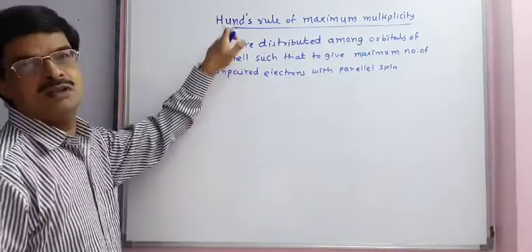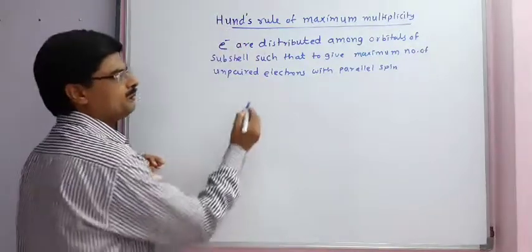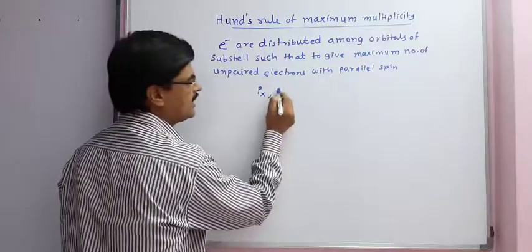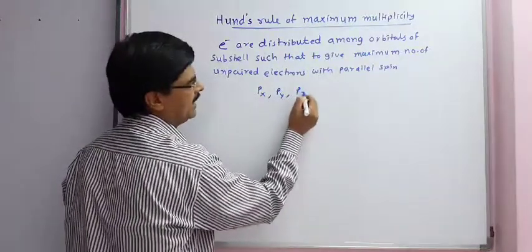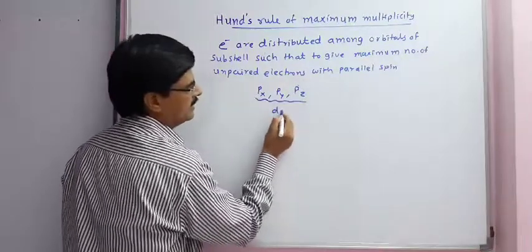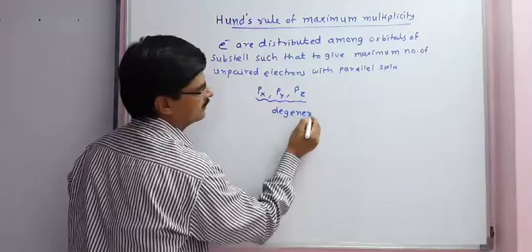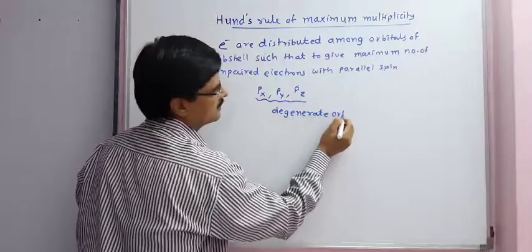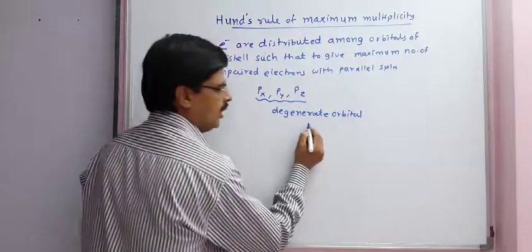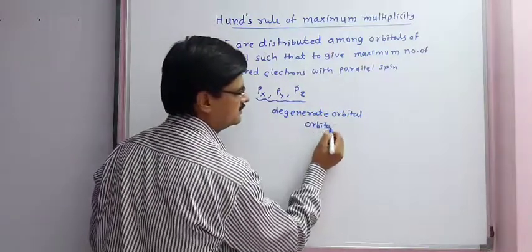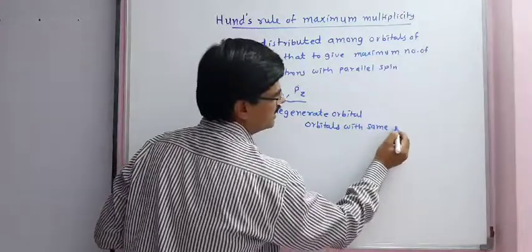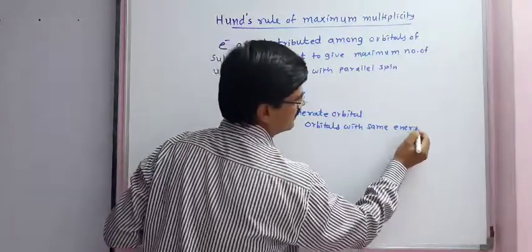To understand Hund's rule, take example of p orbital. As we know that p has three degenerate orbitals, px, py and pz. These are degenerate orbitals. Degenerate orbitals means orbitals with equal energy or same energy.